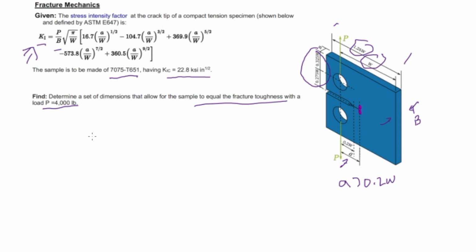So for this problem, what we need to find is K1 equal to K1C, and identify all the geometry for a load equal to P, 4,000 pounds. What does W equal? What does B equal? And what does A equal?